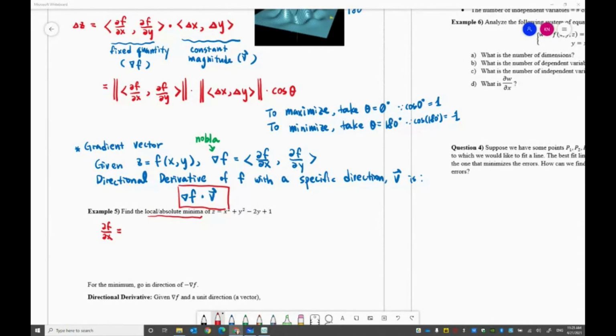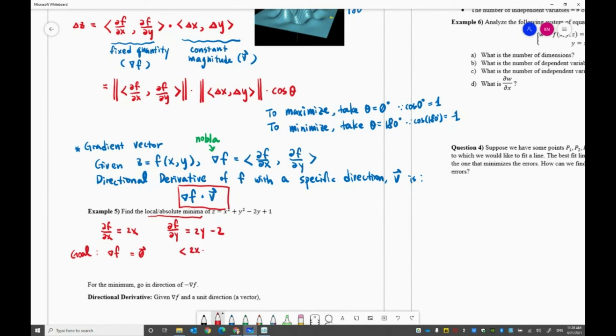For the partial, I just need to look at the x, so that is simple. For the second partial, with respect to y, I just need to look at the y, so that is also simple. Then my goal is nabla f as a 0 vector. That's the goal. To make a minimum or maximum, slope should be 0.